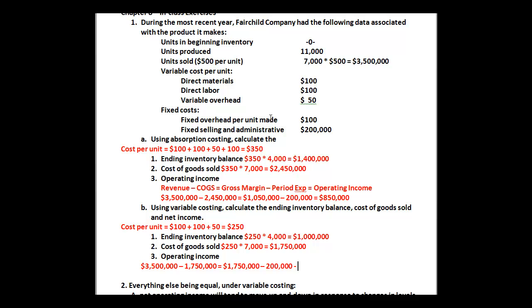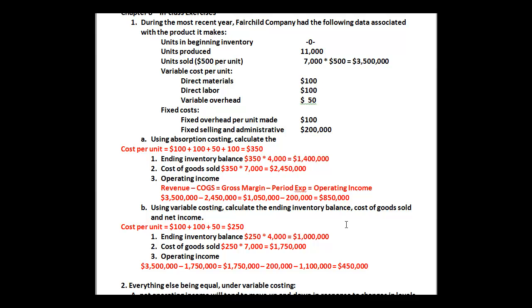So to calculate total fixed overhead cost, it's $100 times the number of units that were produced or made, which was 11,000. So your total fixed overhead is 1.1 million. Subtract that out, and that's going to leave you with operating income of $450,000.